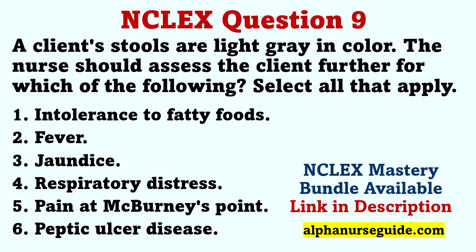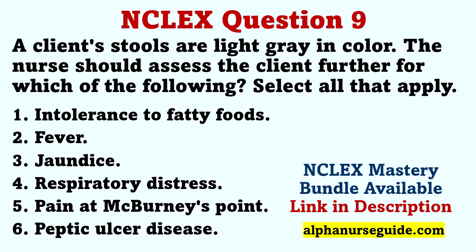The correct answers: 1. Intolerance to fatty foods. 2. Fever. And 3. Jaundice. Bile is created in the liver, stored in the gallbladder, and released into the duodenum, giving stool its brown color. A bile duct obstruction can cause pale-colored stools.